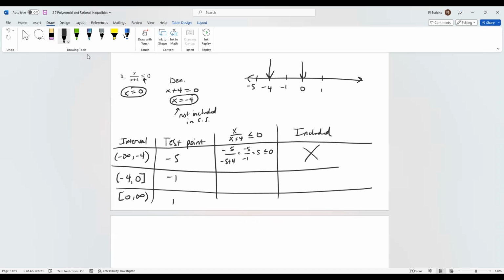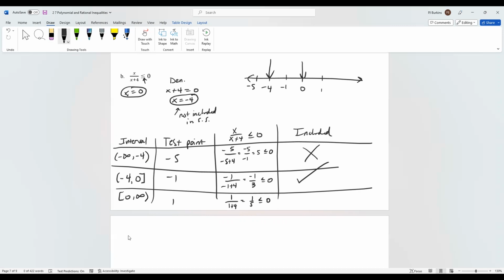All right, let's plug -1 in. -1 over -1 plus 4. That's -1 over 3. Is that less than or equal to 0? Why, yes, of course it is. Therefore, that's included. And then finally, plug in 1. So 1 over 1 plus 4, that's 1/5. Is that less than or equal to 0?